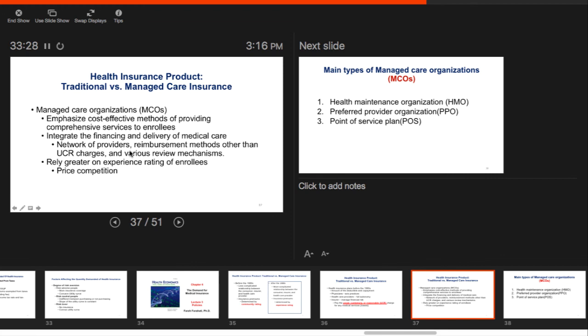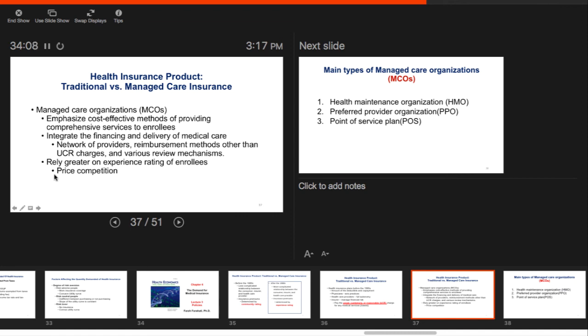The network of providers and reimbursement methods changed from the UCR, which was very simple, basically based on the lowest fee for service in the market. And there are various review mechanisms, so whenever there is a choice for treating a patient, they find the most cost-effective mechanism to treat the patient.